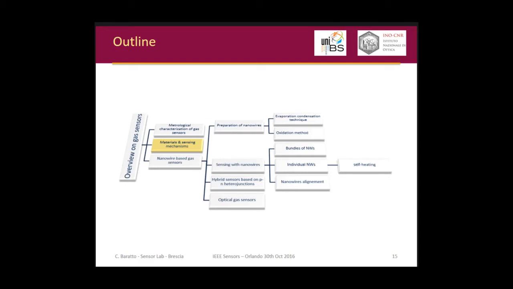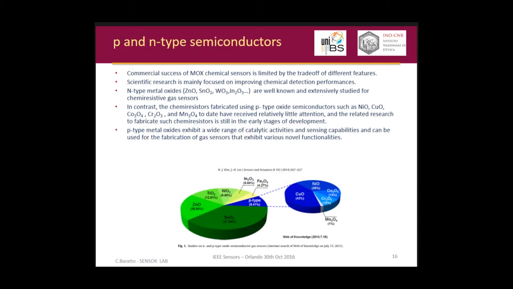Okay, so going more to the type of material in the metal oxide area, the materials usually used since the past are mainly N-type oxides, like tin oxide and zinc oxide, and they cover more than 90% of the field, while P-type materials, which are also interesting for gas sensing applications, cover less than 10% of the field.